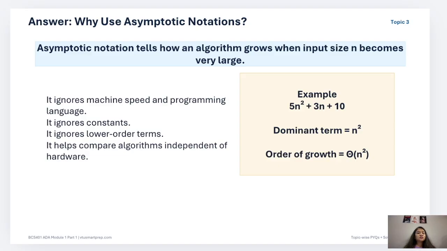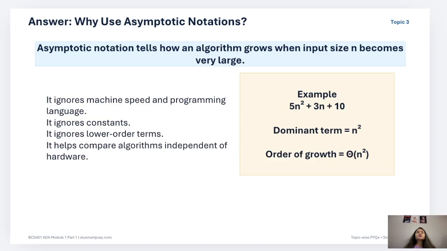It does not focus on small input size, it focuses on large input size. Are you able to understand? Very simple thing, that is the definition.